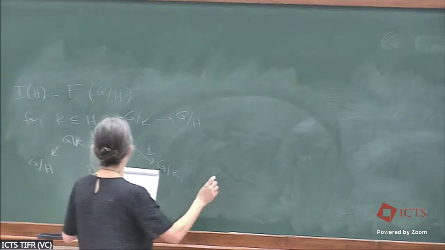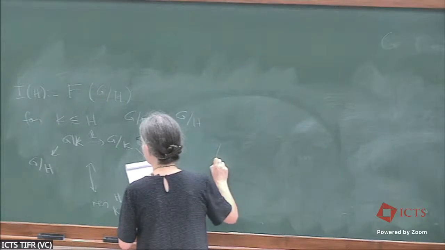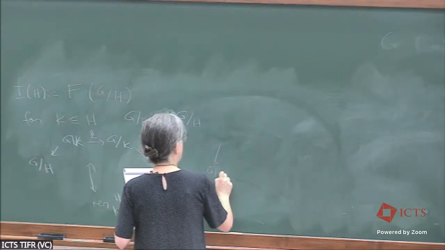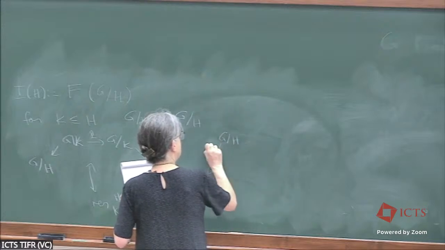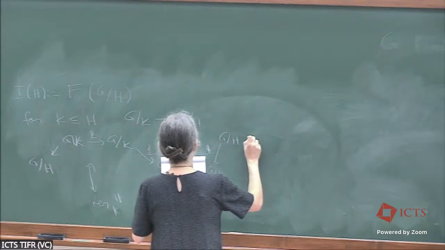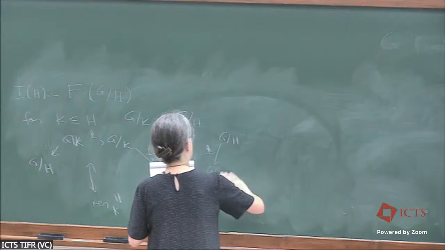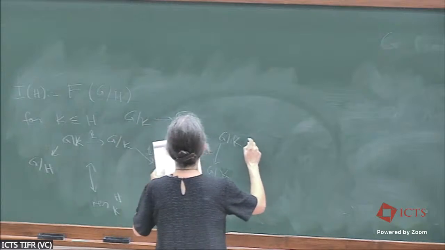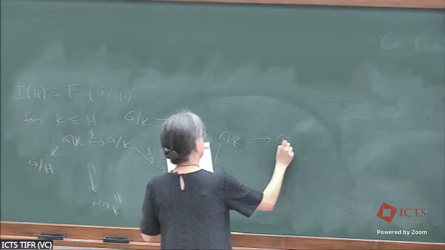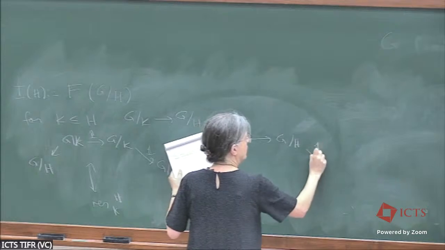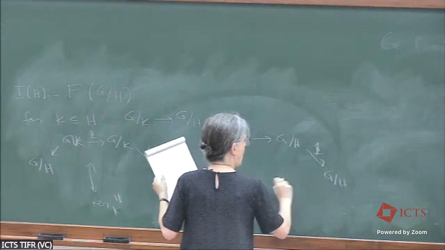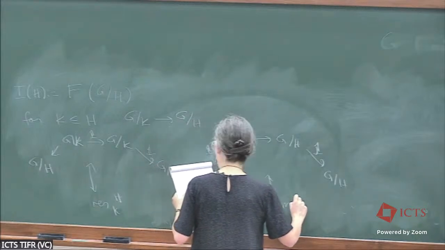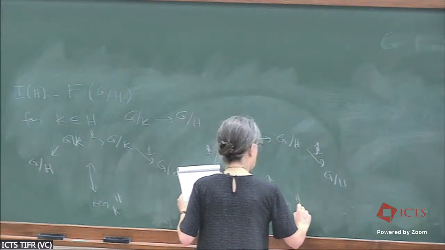And then I can also look at this, the interesting map. Or I could take G mod H, take the identity here, and put the interesting map. Sorry, G mod K, G mod K. My interesting map goes from G mod K to G mod H. So I do this, goes to G mod H, goes by 1 to G mod H. And this corresponds to norm HK.